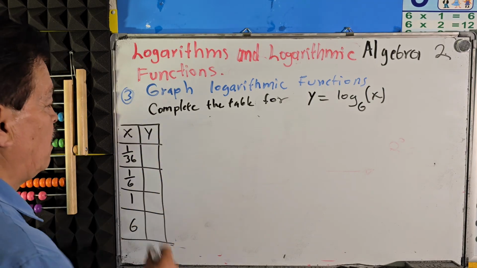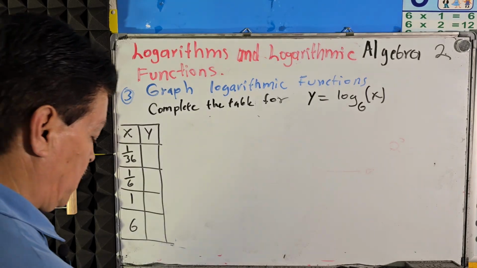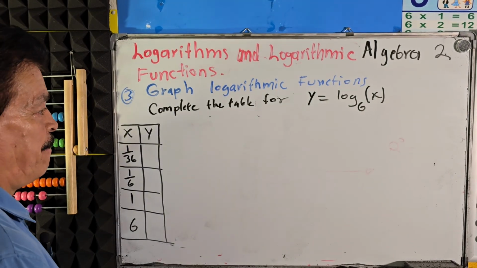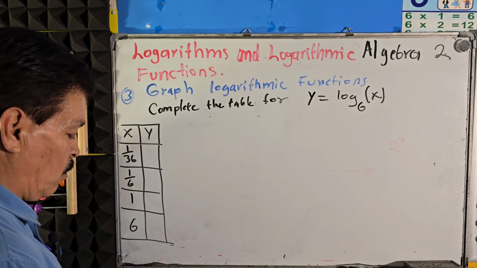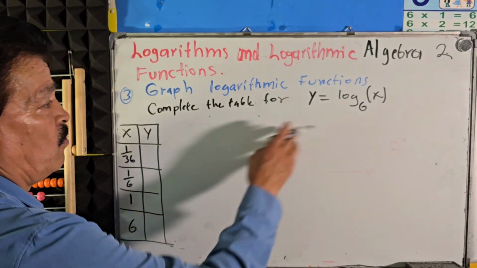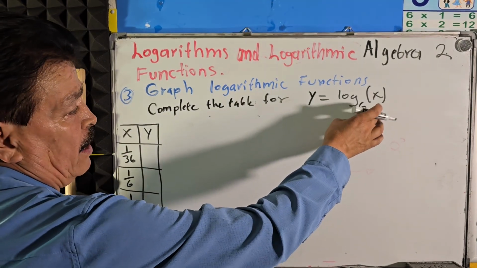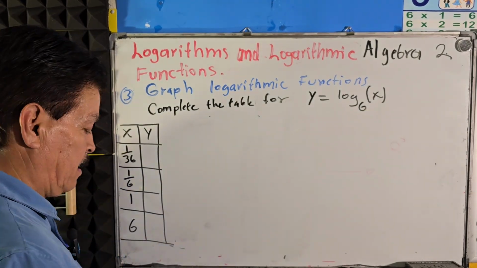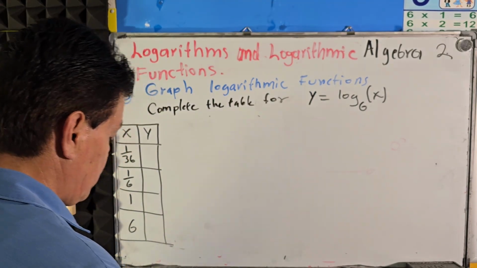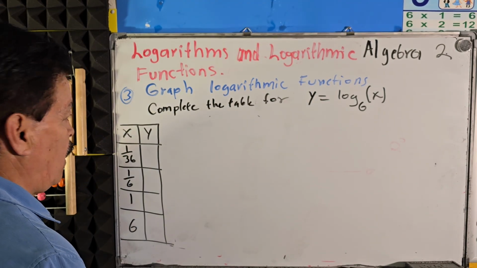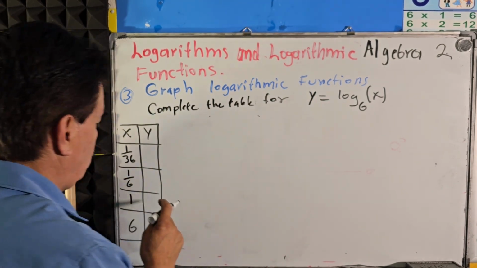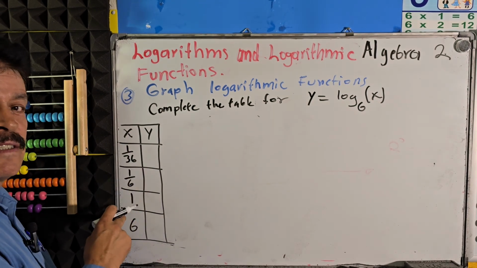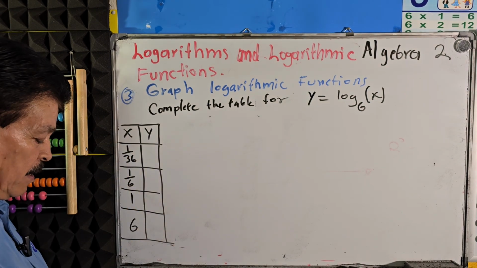We have to find the values for y. Okay, you already know the process to complete the table. We have to evaluate the function y equals logarithm of x with the base 6 for each value given for x, each one. Okay.